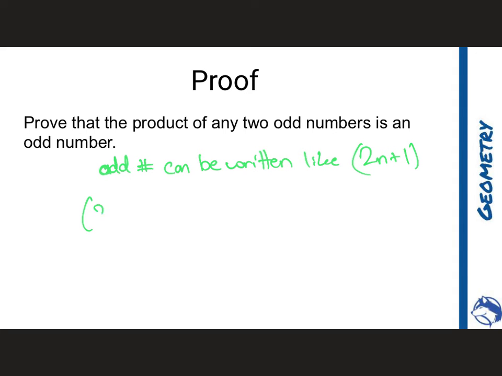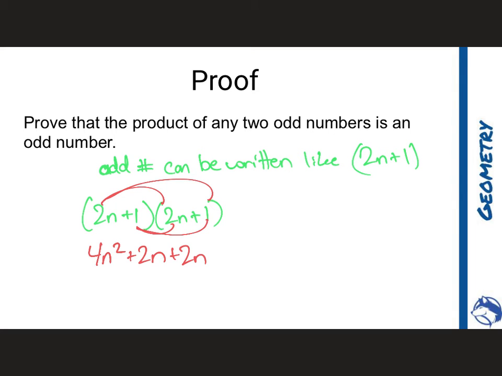So if I take 2 odd numbers where I'm not quite sure what they are, I get (2n plus 1) times (2n plus 1). Well, I'm going to FOIL this through, so I get 4n squared plus 2n plus 2n plus 1. That's 4n squared plus 4n plus 1.